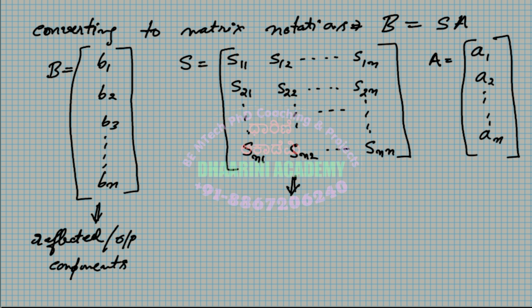Then what is S? This is the scattering matrix. Again, that is specific and corresponding to a given junction. I have a specific S matrix. It's not a general one. It's not going to be the common one for any junction you consider.